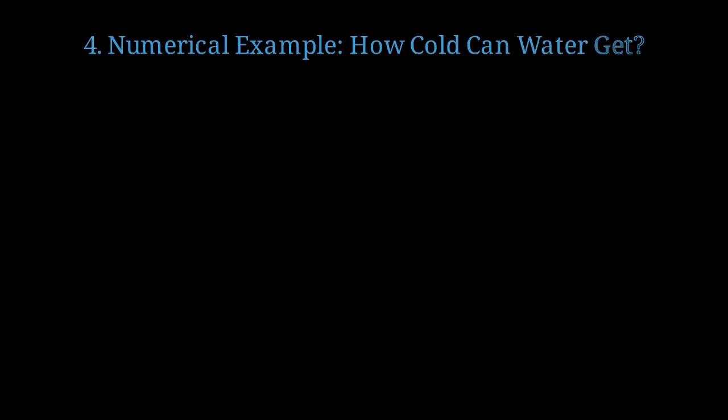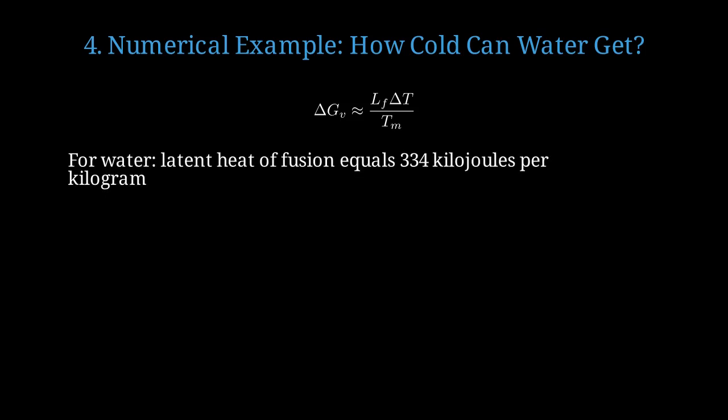Let's do a numerical calculation to understand how cold water can get before freezing. The volume free energy change approximately equals the latent heat of fusion times the temperature difference divided by the melting temperature. For water, the latent heat of fusion equals 334 kilojoules per kilogram. Converting to volume units, this equals 3.34 times 10 to the 8 joules per cubic meter.